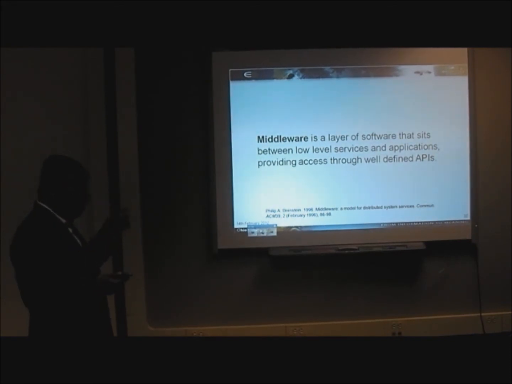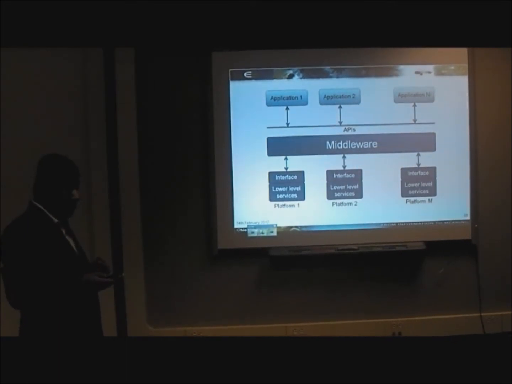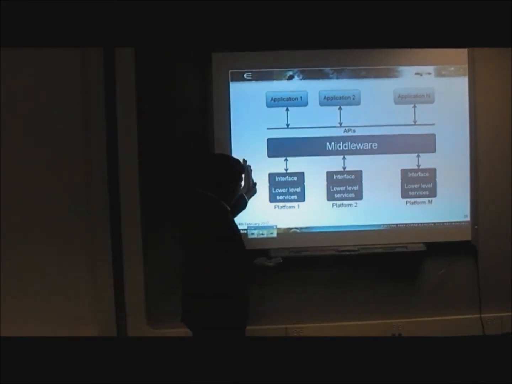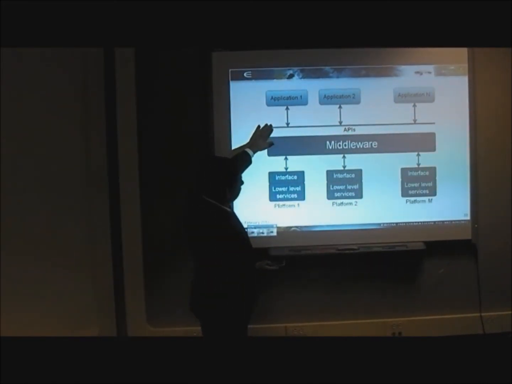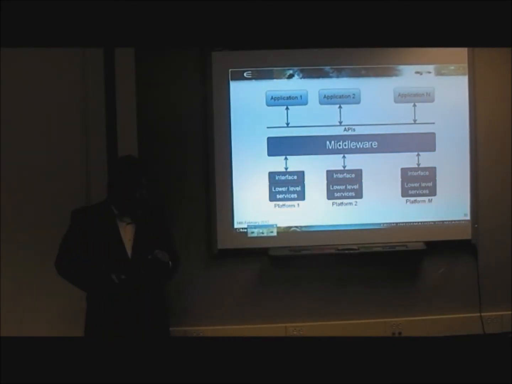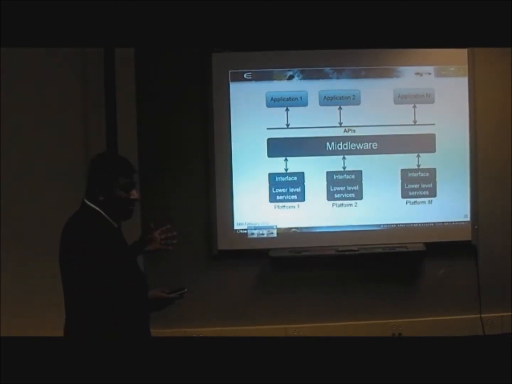If you look at Phil Bernstein's paper that I've cited here, he's the guy who sort of coined this term, and in 1996 he wrote this nice paper about middleware in ACM, and this is actually a picture from his paper describing the function of middleware. Basically, the function of middleware is to provide one API to a number of applications, covering up different lower level services.